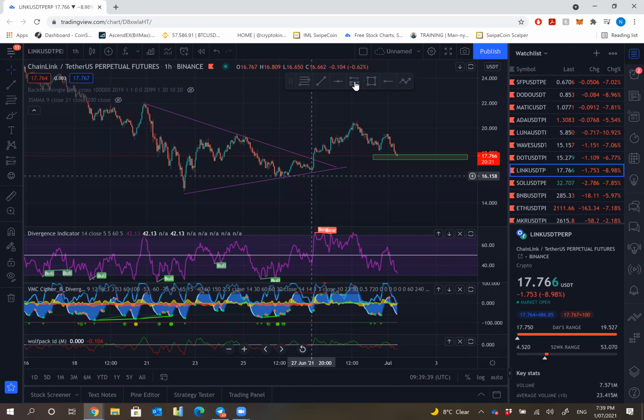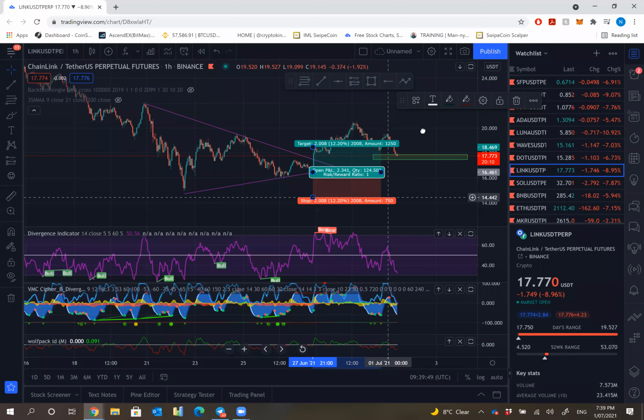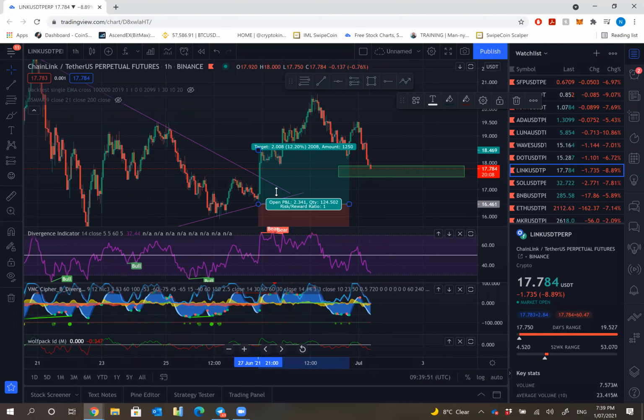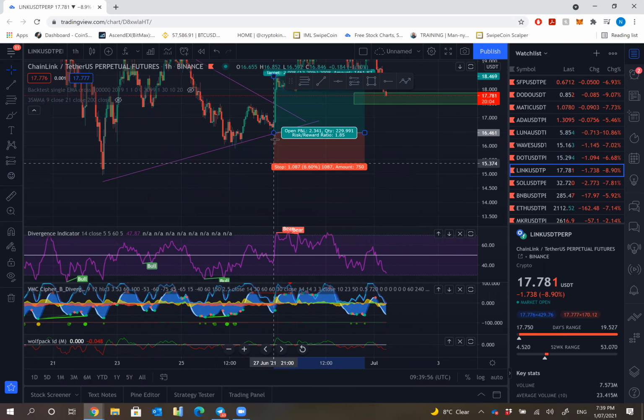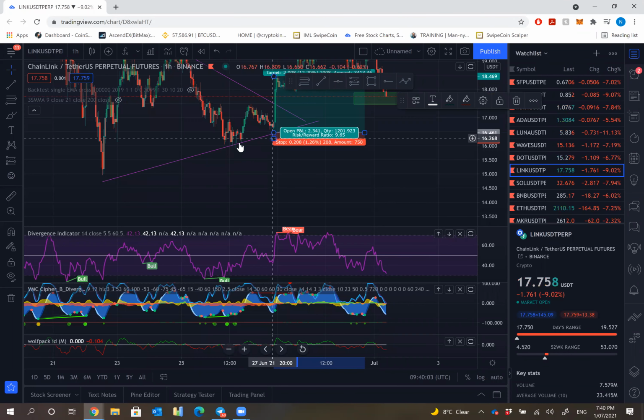Now, when I'm setting my stop loss and my take profit, I put it into my entry point. I know a lot of people go, you do your 1 to 3. 1 to 3 doesn't work if your 1% is not below your last low, because it could wick down and then you're automatically stopped out of your trade.